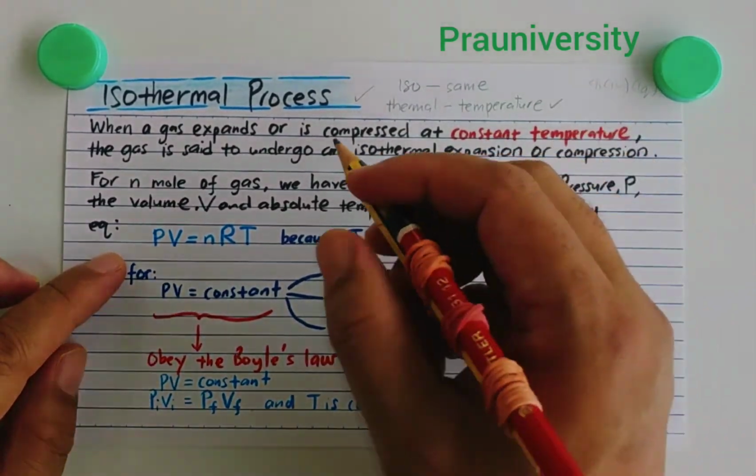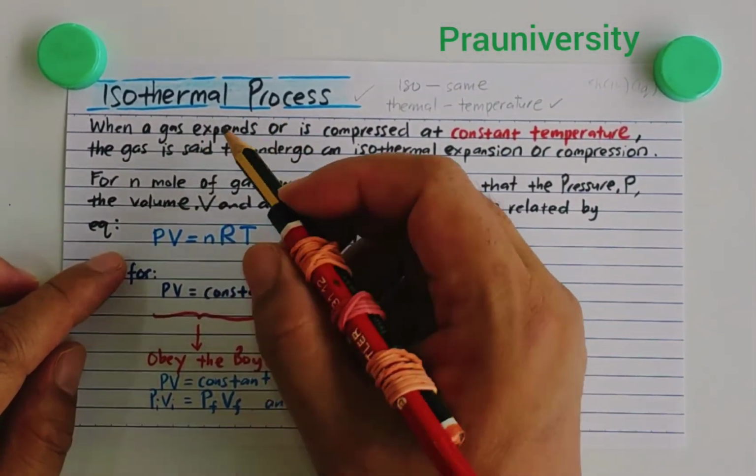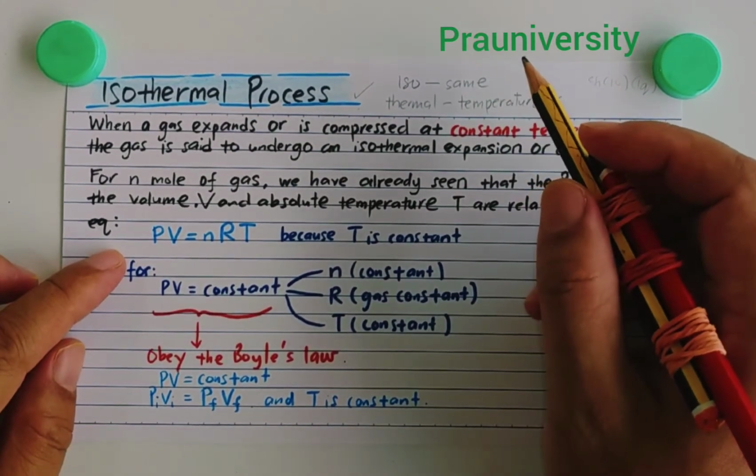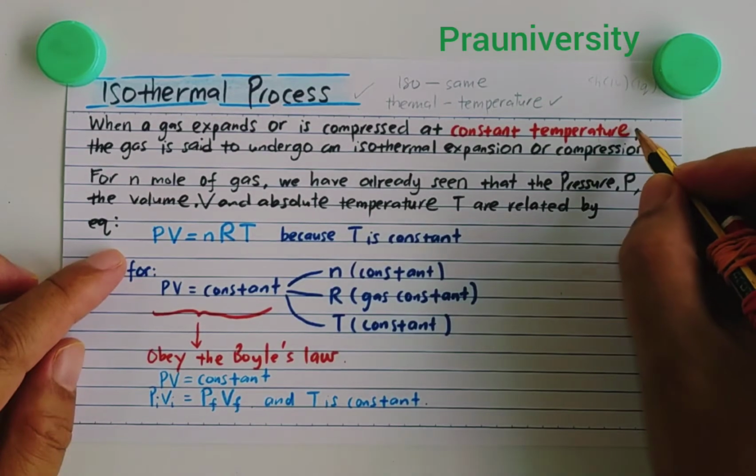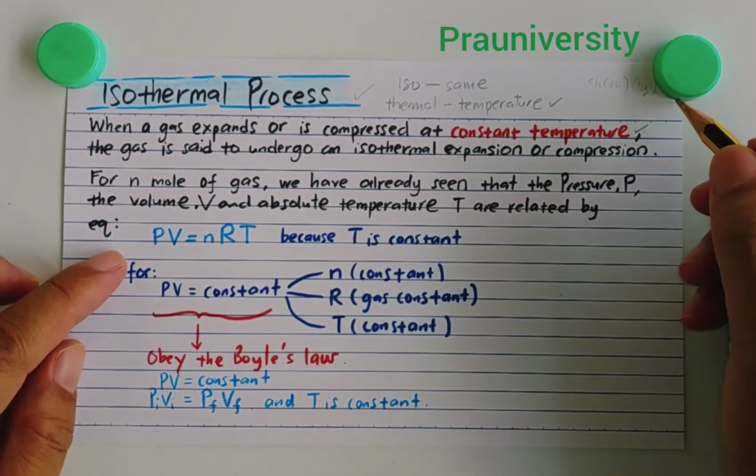So what is meant by the isothermal process in concept? That means the gas undergoes the process at constant temperature.